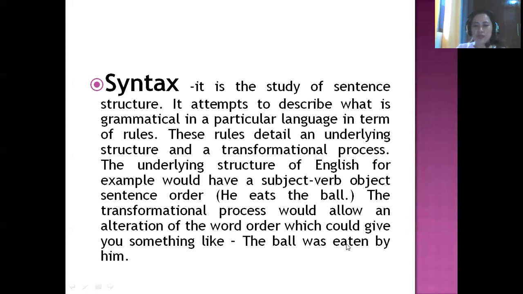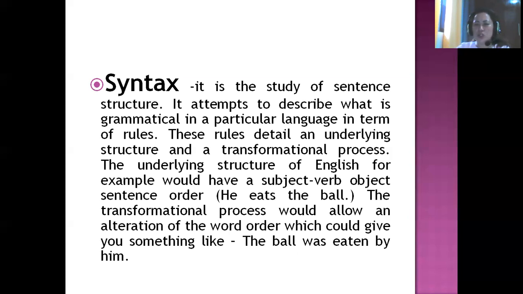And then the verb is was eaten, the ball was eaten. So from the first sentence, our subject is he. And the second sentence, our subject is the ball. So that's syntactic analysis, as simple as that.